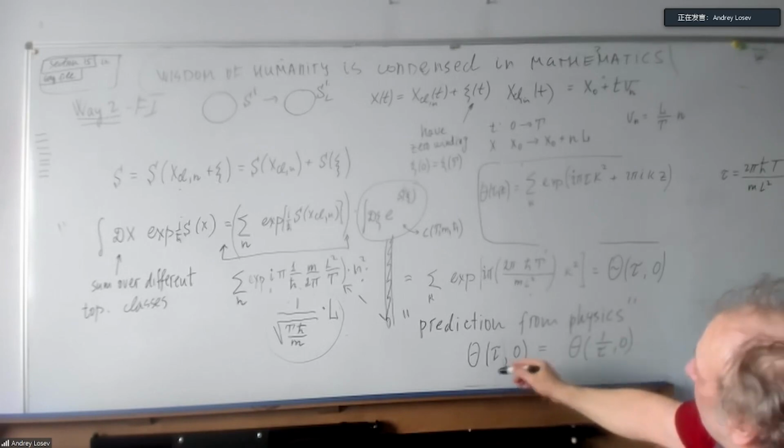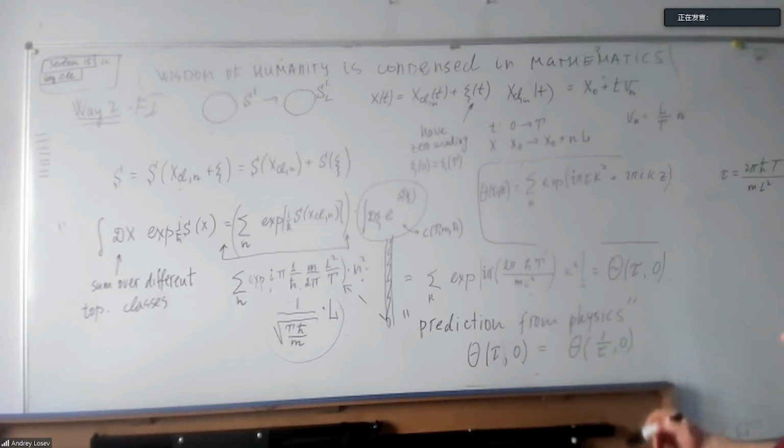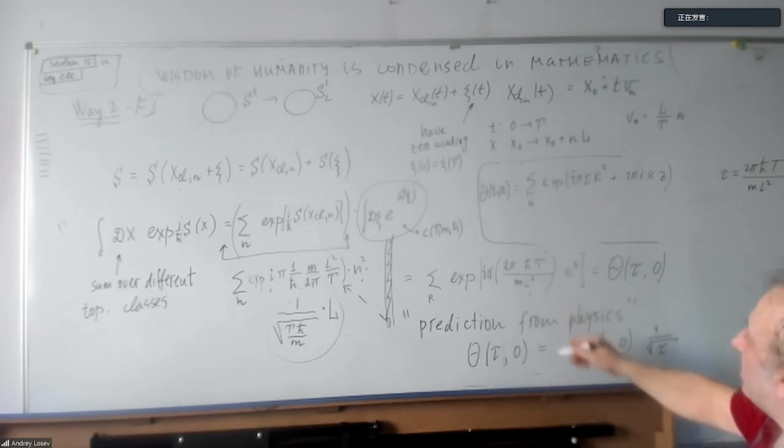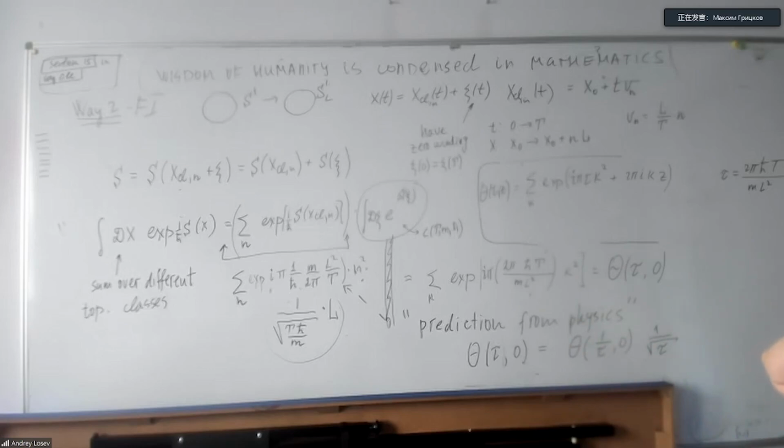So here we have something like 1 over square root of tau. I think it's not tau, because there is no p under the square root. Okay, up to a factor of p.